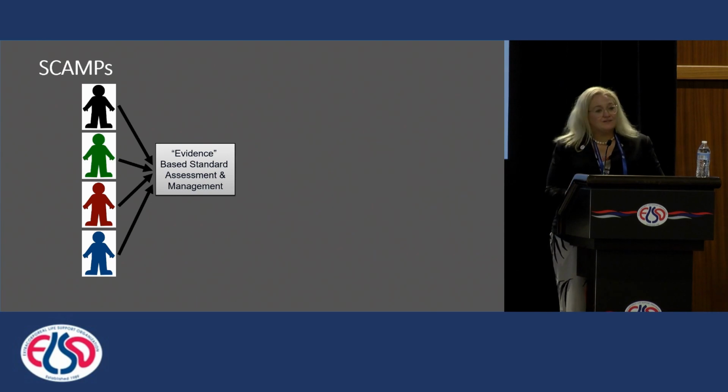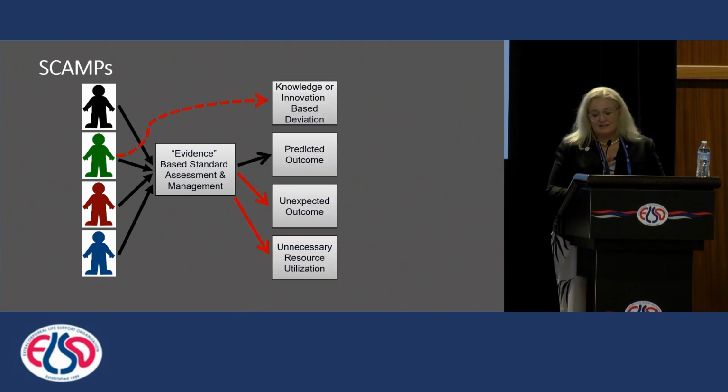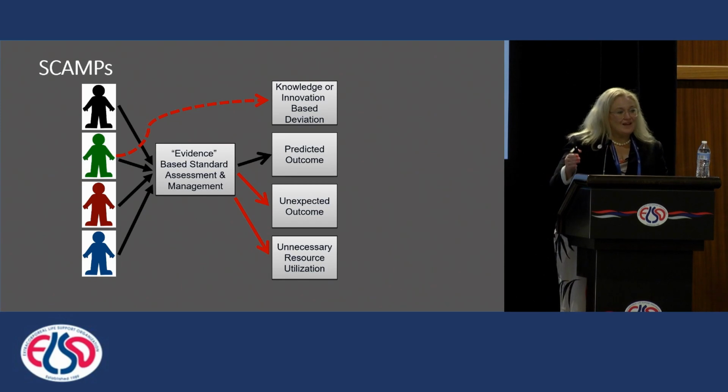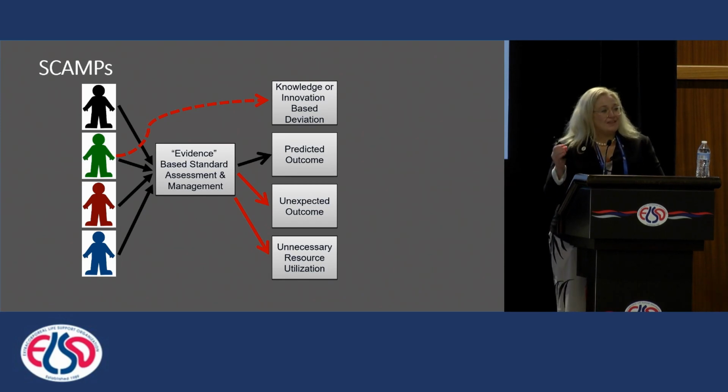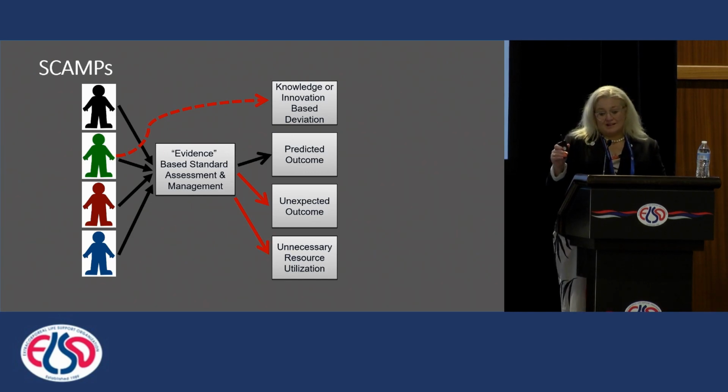And the idea of the SCAMPs is that whoever meets inclusion criteria is either managed according to the standard or not, but either way, the outcomes of predicted outcome, everything went the way we thought, unexpected outcome, unnecessary resource utilization, that could otherwise be phrased as adverse outcome, they're all collected.